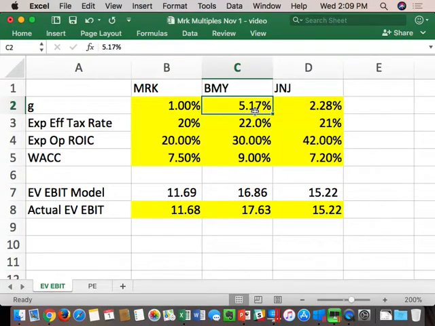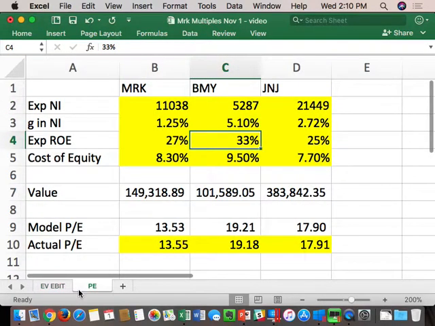So that G is going to be a little higher, maybe 5.5. Nope, 5.4. Close enough.